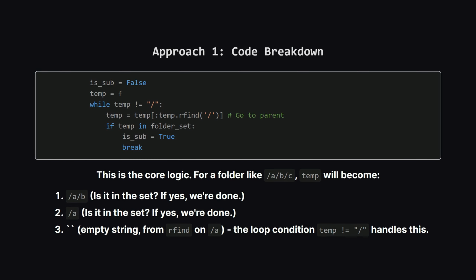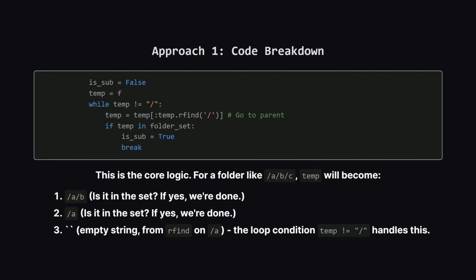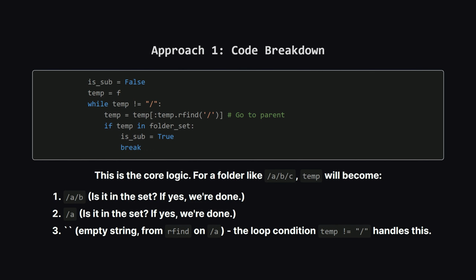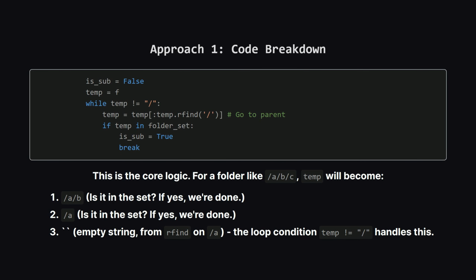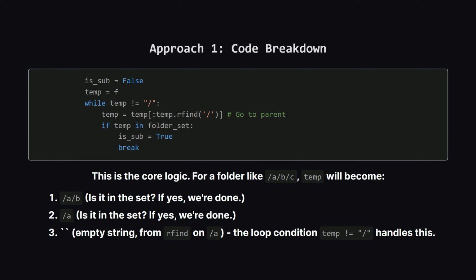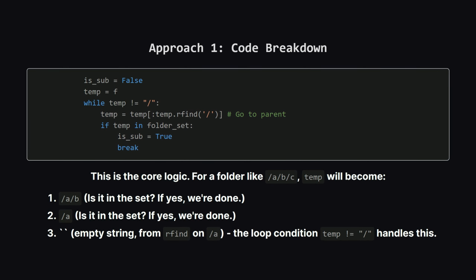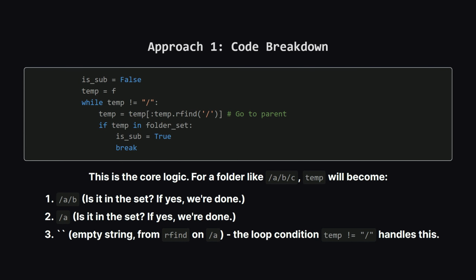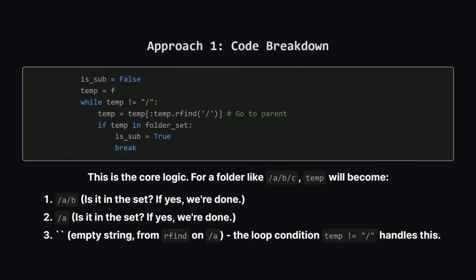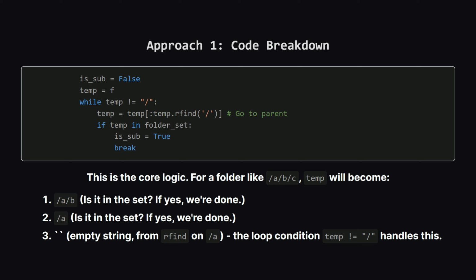For example, if we start with /a/b/c, the first chop gives us /a/b. We immediately check if /a/b is in our set. If it is, we've found a parent. We can set a flag and break out of this inner loop. If not, we continue, and the next chop gives us /a. We check that, and so on, until we run out of path.